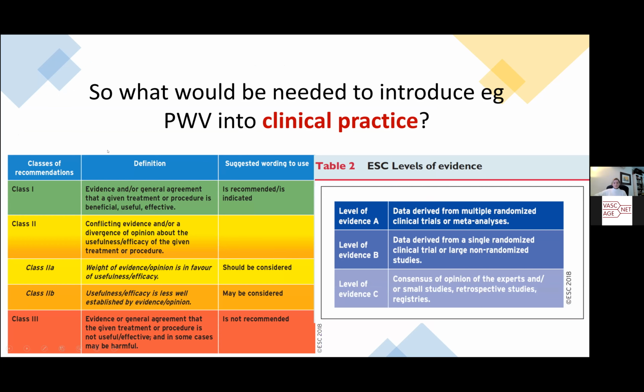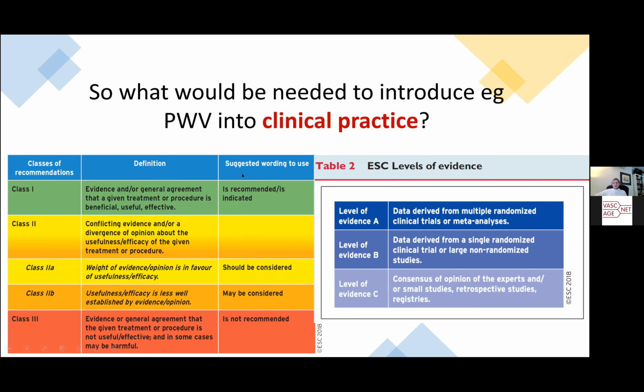What's important for the guidelines, of course, and I just thought I would mention this briefly, is how they rank quality of the evidence. You always see in these guidelines a class 1, class 2, class 3 type recommendation, and each of these has definitions. For example, class 1 says there is evidence and/or general agreement that a given treatment, or in this case a procedure, is beneficial, useful, and effective.